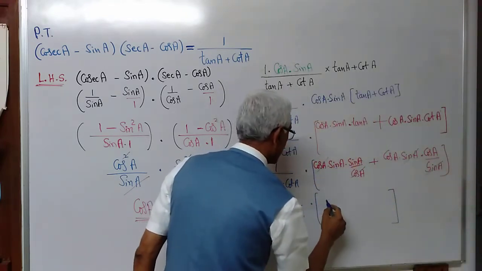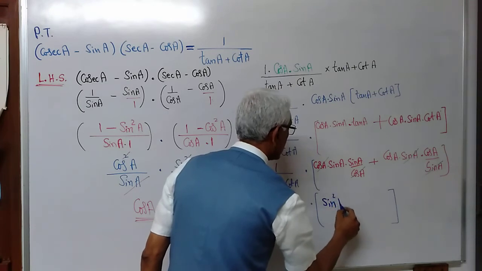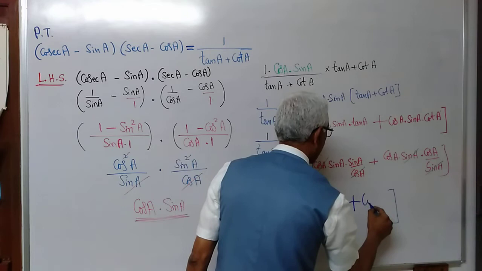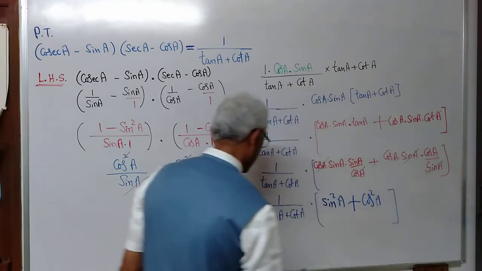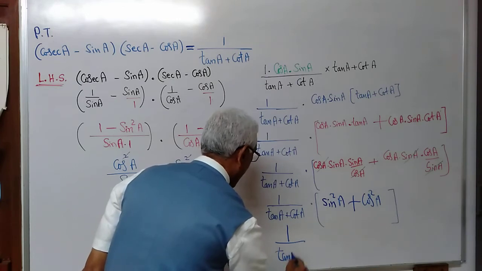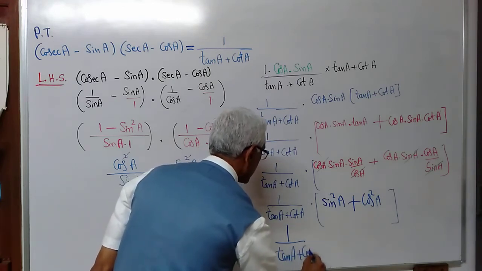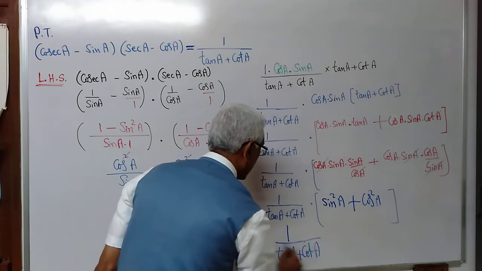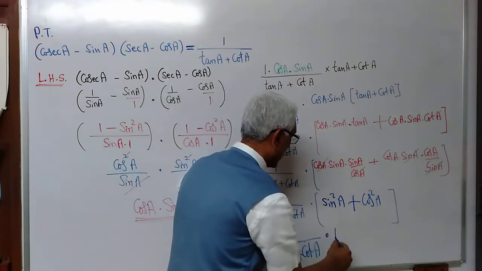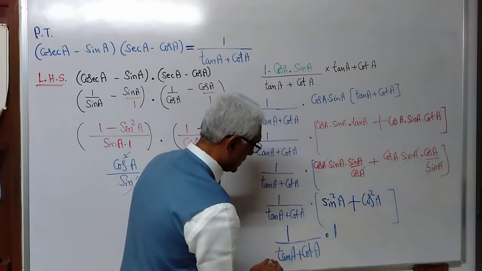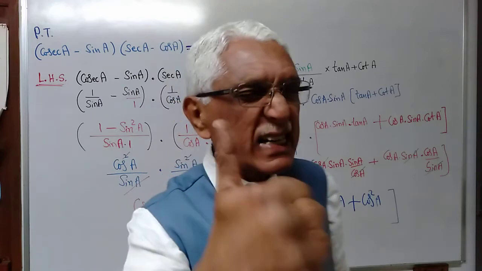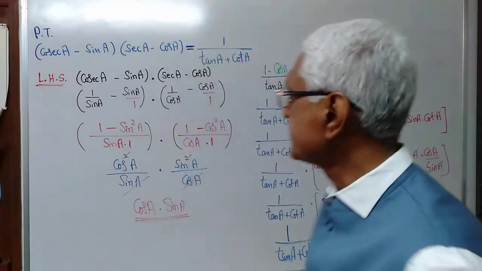Sin A into sin A is sin square A plus cos A into cos A is cos square A, which is 1 over tan A plus cot A, correct, into what is sin square A plus cos square A? It is 1. So this into 1 is nothing but 1 over tan A plus cot A, and that is what you wanted on the right hand side, correct?